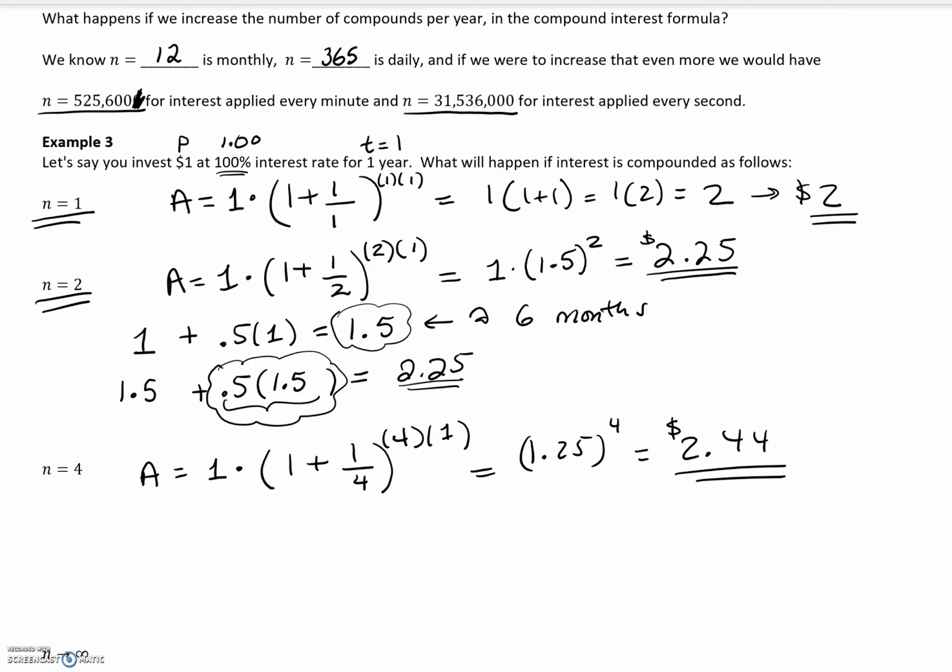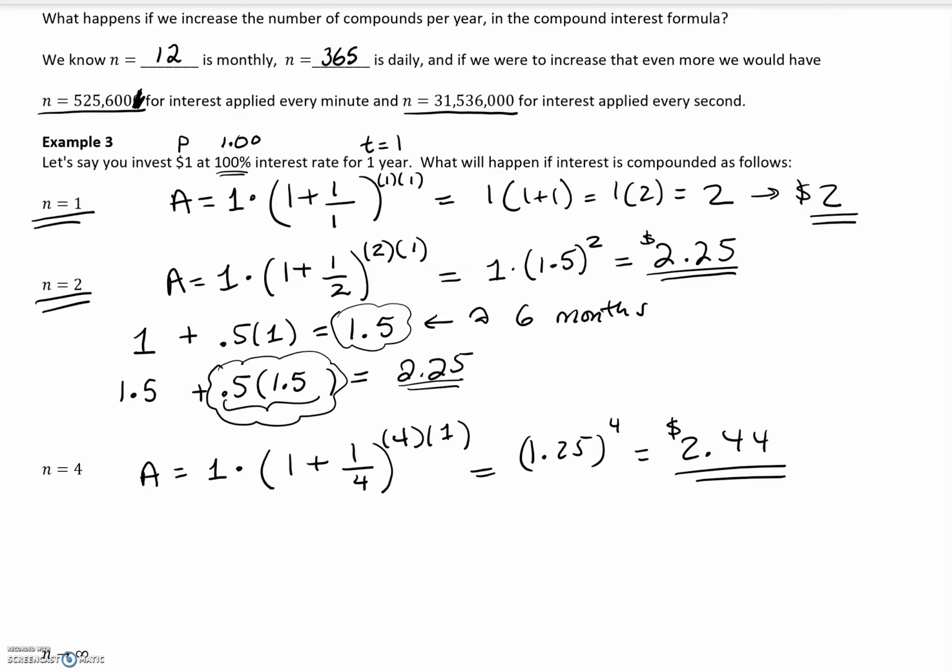So if they apply interest 4 times a year, you're actually going to get $2.44, because at the end of 3 months, they're going to apply interest, and your money is going to grow a little bit. Then at the end of the next 3 months, they're going to apply interest again, so your money is going to grow a little bit more, and they're going to keep doing that 4 times. In other words, the more compounds per year, the more money you're going to make.